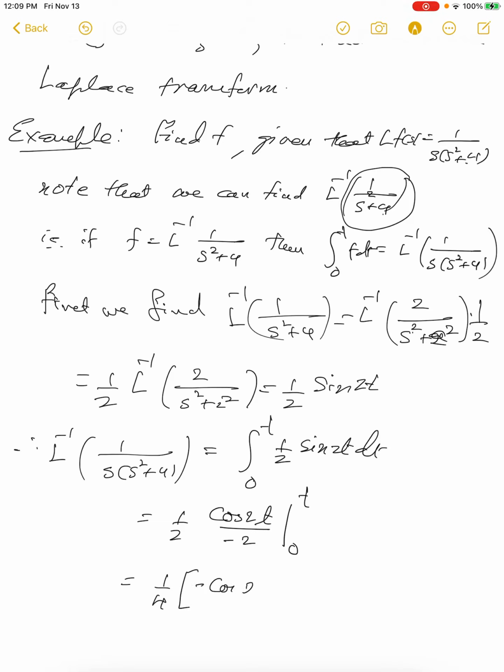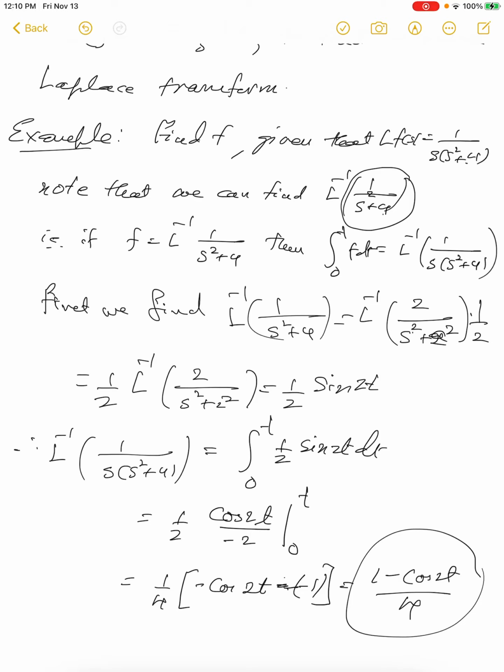The value at t is minus cos 2t, and the value at 0 is 1, minus of minus 1. So the answer will be 1 minus cos 2t, divided by 4. Similarly, if you have a factor of 1 over s square, then you will have to integrate twice.